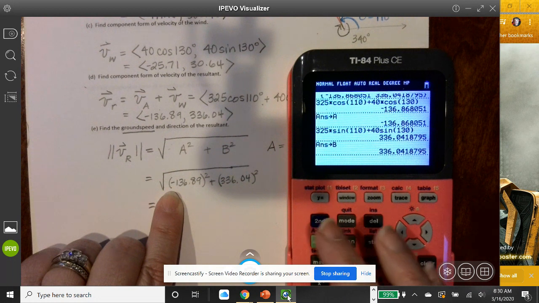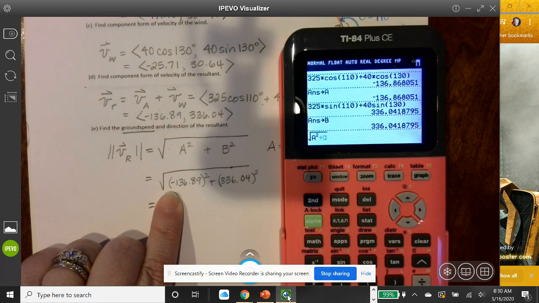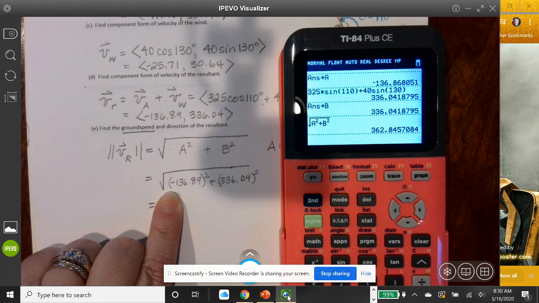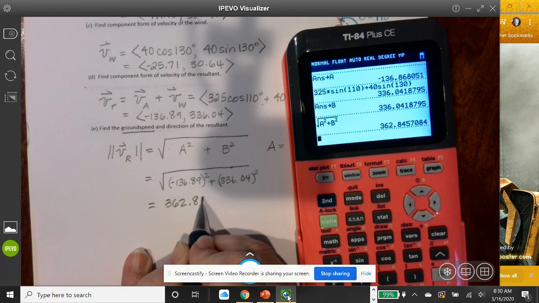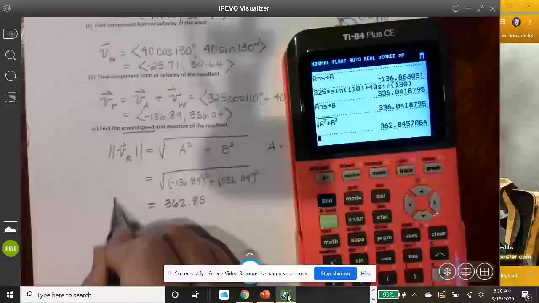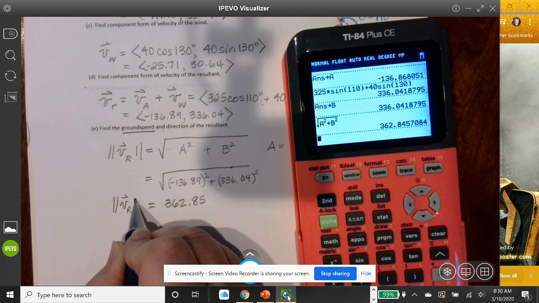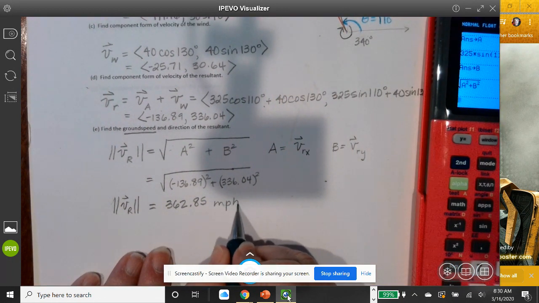So we're going to go second square root of, now I can go alpha A squared plus alpha B squared, which is nice. And then we get 362.85. Okay. So that's the magnitude, and this is going to be miles per hour.